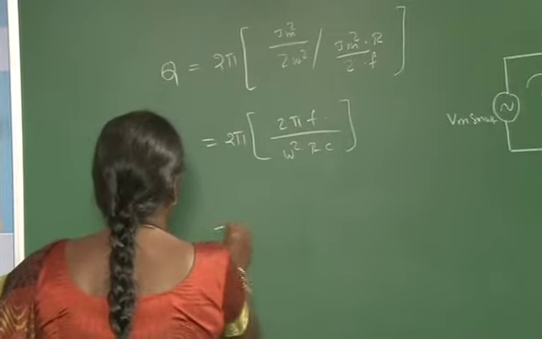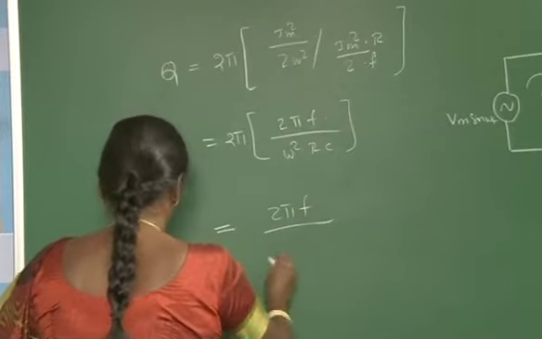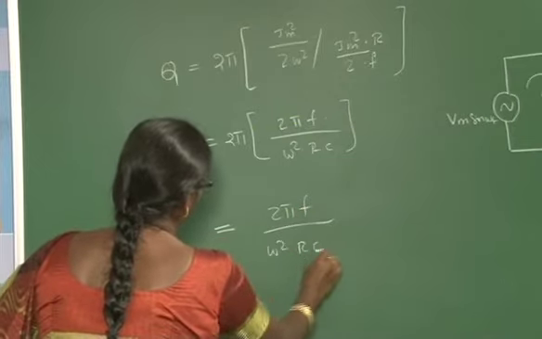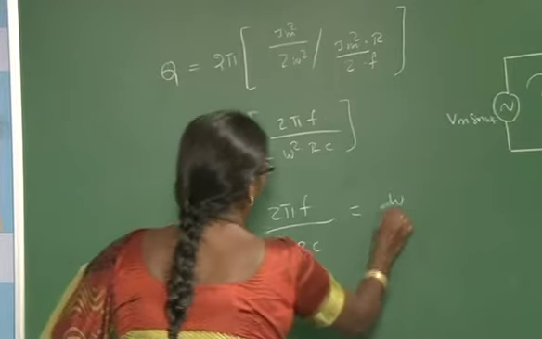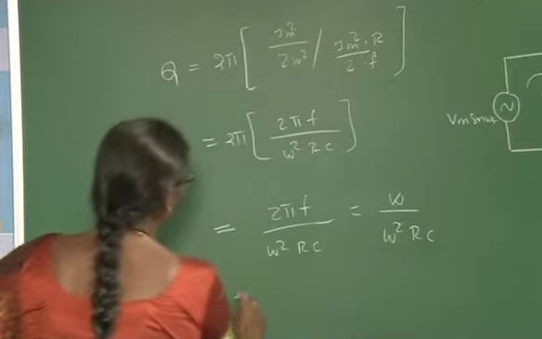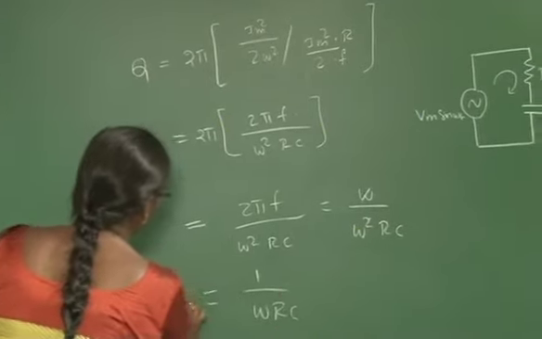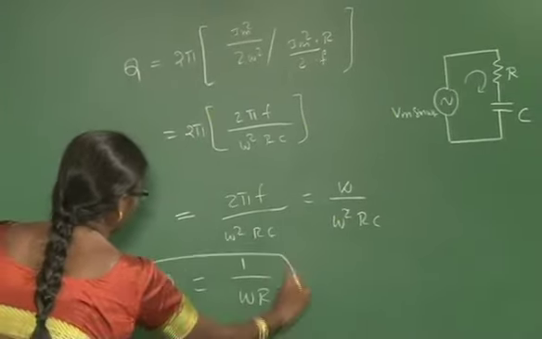Okay, so just write it as 2 pi f by omega square RC, which is nothing but omega by omega square RC. So I can cancel one of the omega. So the quality factor is 1 by omega RC. So quality factor of the capacitor.